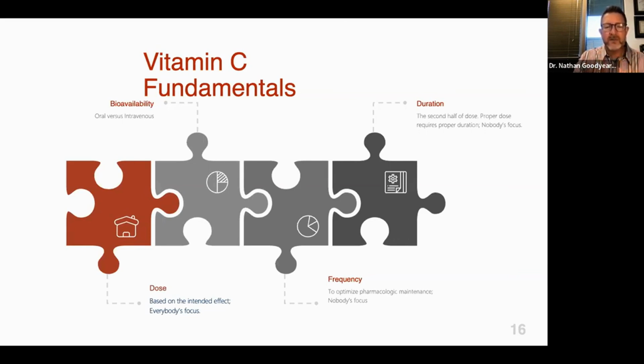Inadequate dosing of vitamin C via the oral route actually could promote cancer stem cells. So this is why it's important to get vitamin C, if you're a patient, from somebody who is using it therapeutically, by design, by the science, by the evidence, for a purpose.